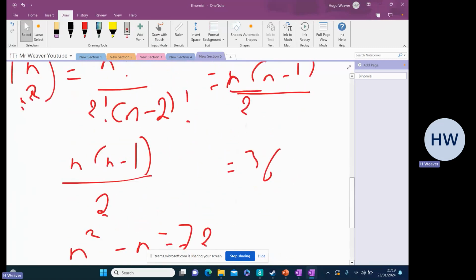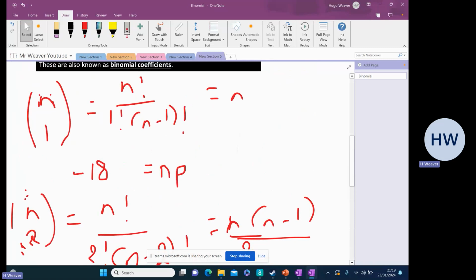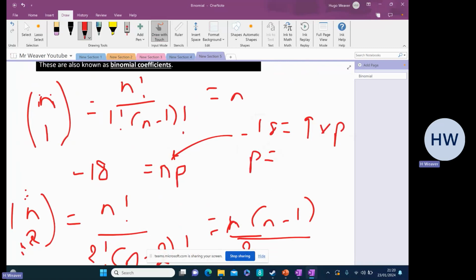So if I know that n equals 9, I now go back up to this original bit up here. If I can now substitute n equals 9 into here, I now have minus 18 equals 9 times p. Therefore, p now equals negative 2.